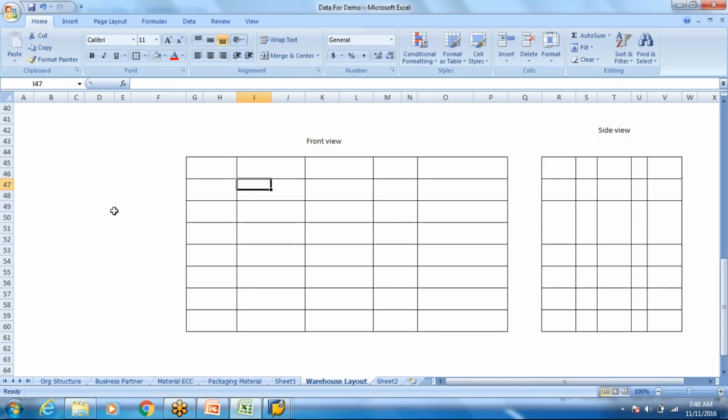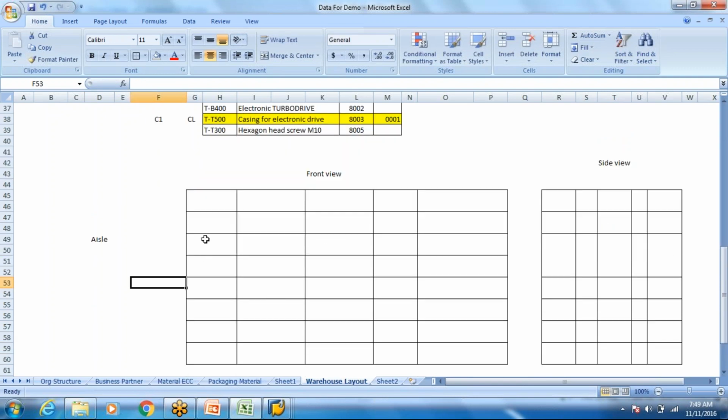So this is one aisle. Let's say there will be a lot of similar aisles, one behind the other. So this is from the front.